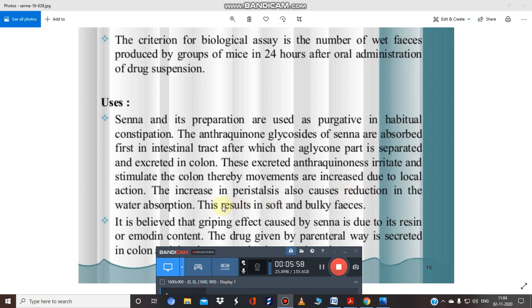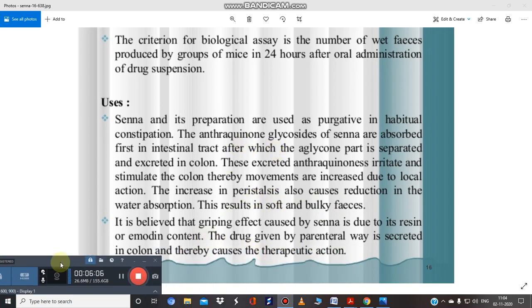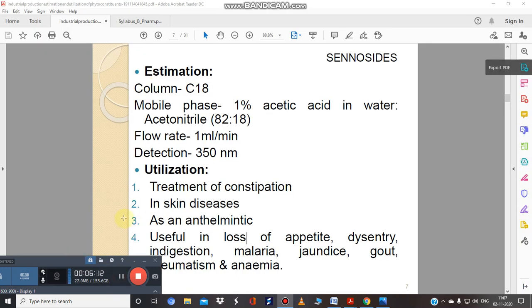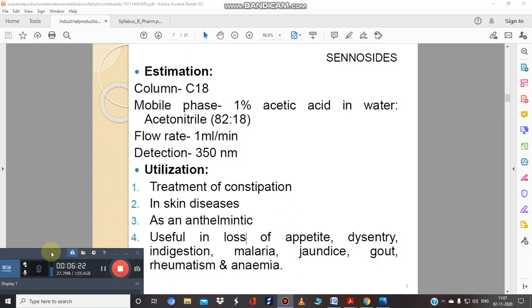And it finally results in soft and bulky feces. So it is widely used in habitual constipation, and sometimes it is believed to have a griping effect, which is not a serious one, but a mild griping effect. It is also used in skin diseases and helminthic infections, useful in loss of appetite, dysentery, indigestion, malaria, jaundice, gout, rheumatism, and anemia.